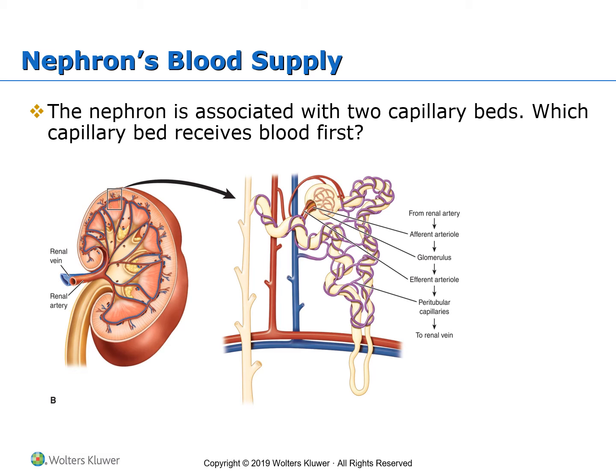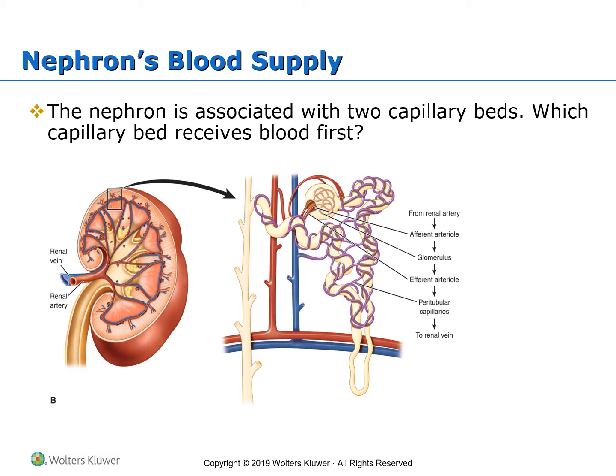Remember, whatever structure comes into an organ or another structure is called afferent. In this case it is an arteriole that supplies blood to the glomerulus, and you can see it becomes like a ball of yarn inside the glomerular capsule.